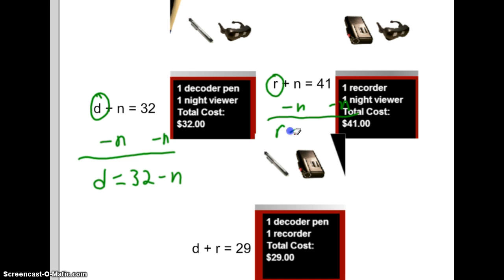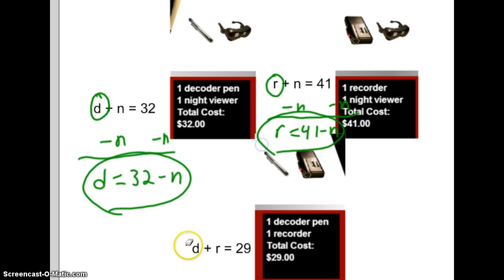So R would be equal to 41 minus N. And we can use this and substitute it into this equation to solve. So let's give it a go.